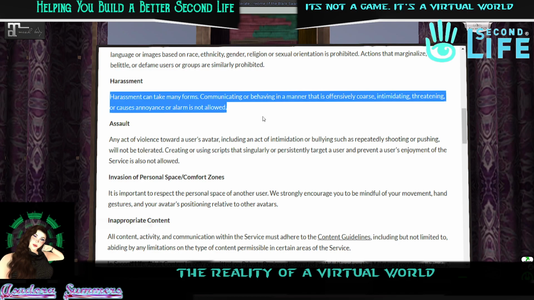And then when you defend yourself, they always try to buffer it all out by saying, "Oh, I was just joking." Whatever. That is a form of harassment, and it's ugly. Communicating or behaving in a manner that is offensively coarse, intimidating, threatening, or causes annoyance or alarm is not allowed.